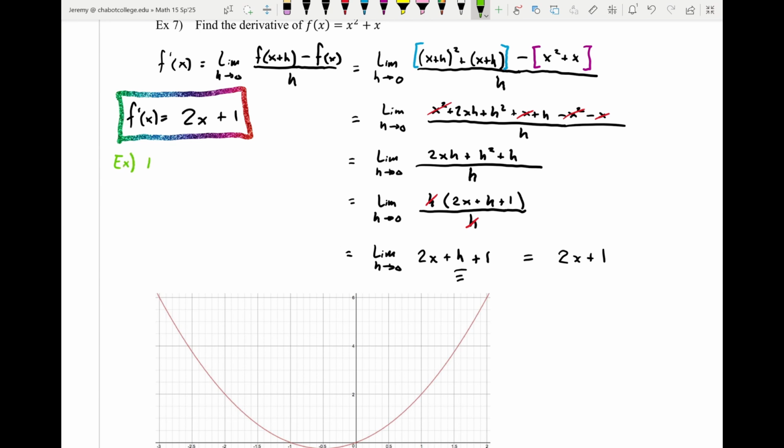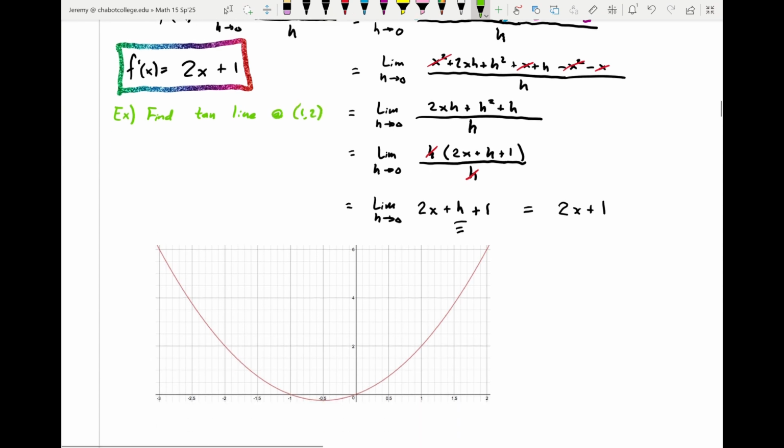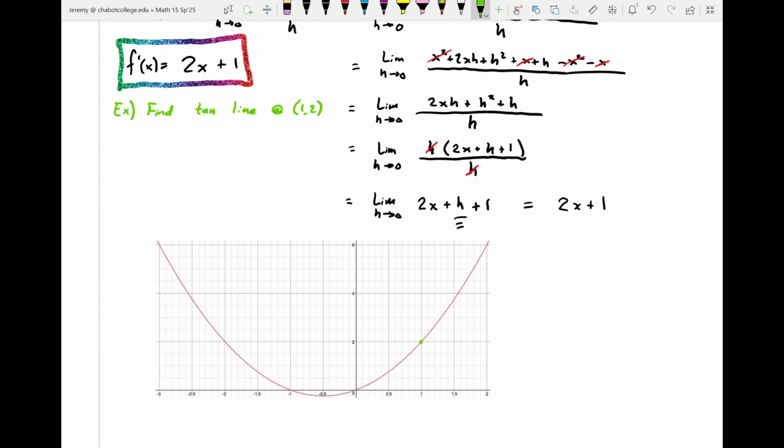So let's say that we wanted to find the tangent line at the point 1, 2. Okay, we already did this, so we know what it's going to be. We know we're going to have a slope of 3. But let's check that. Let's find that using the derivative.